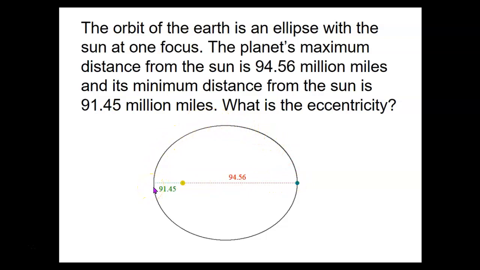When it's at its farthest, that would be at the vertex furthest from that particular focus, and its distance from the Sun is 94.56 million miles. When it's closest, that would be at the other vertex, the one closest to that focus, and its distance is 91.45 million miles.